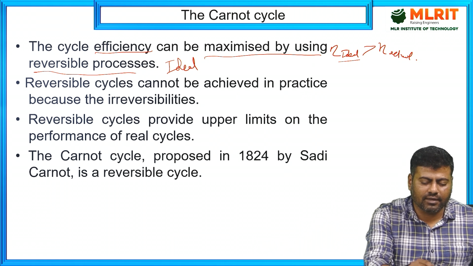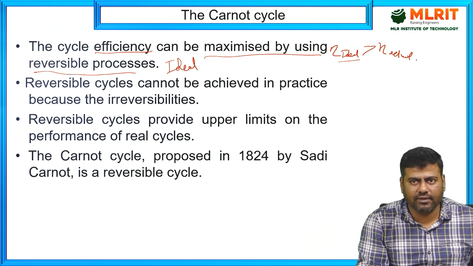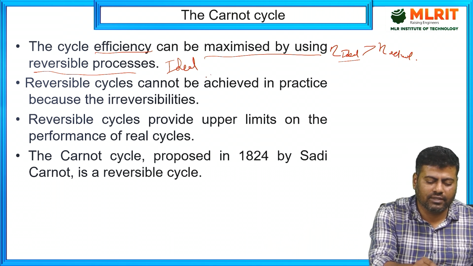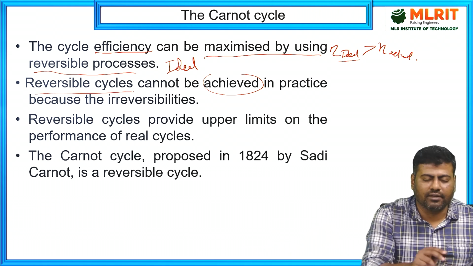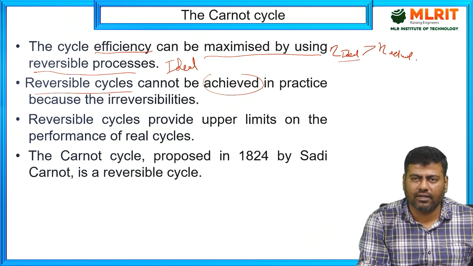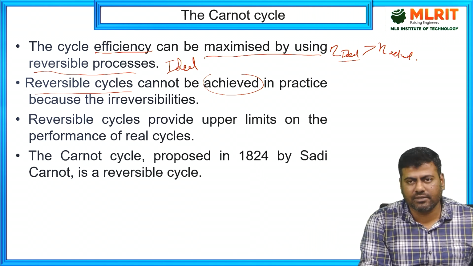Reversible cycles can't be achieved in practice because of irreversibilities. In actual cases, irreversibilities are there due to many factors, so we can't achieve the reversible cycles, the ideal, theoretical reference one. And reversible cycles provide upper limits on the performance of real cycles.